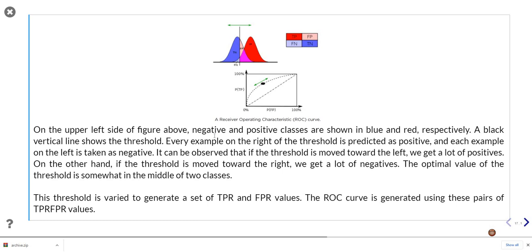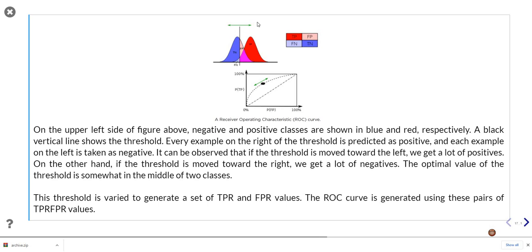Here the graph shows the negative and positive classes in blue and red. There is a black vertical line, the threshold. The examples on the right hand side of the threshold are predicted as positive, and the examples on the left hand side are predicted as negative. Currently the model gives the vertical line here, because there is a small number of false negatives and slightly more false positives, right?